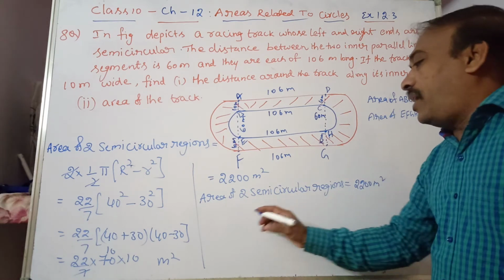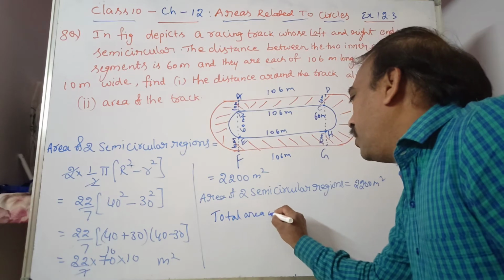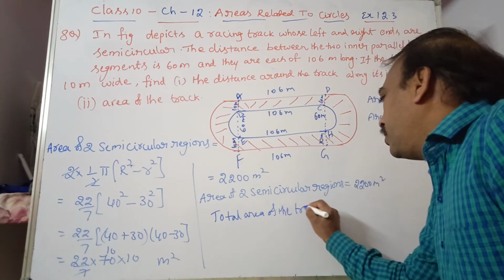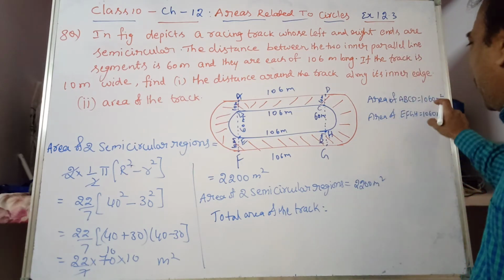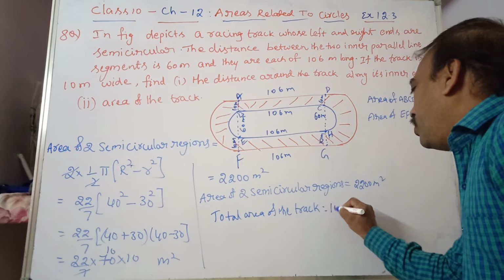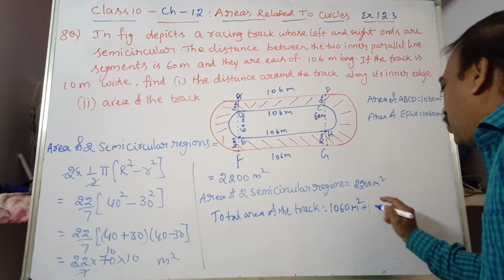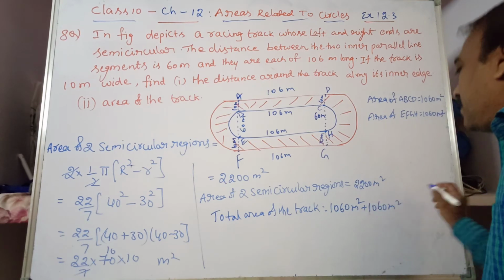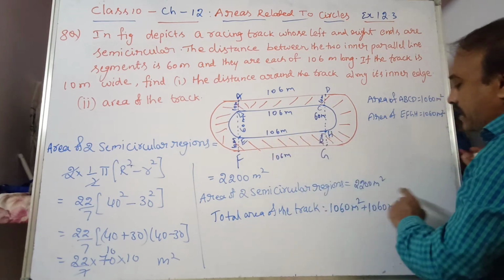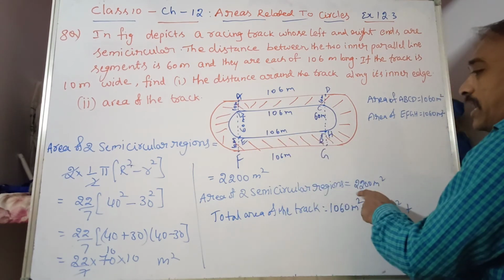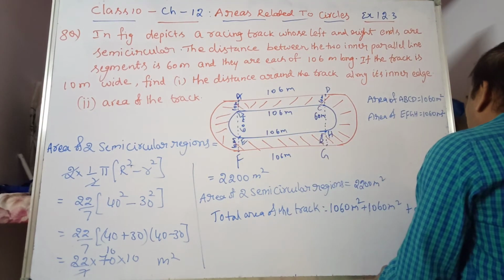So total area of the track is equal to area of ABCD, we got 1060 meter square, plus 1060 meter square, which is the area of EFGH, plus the area of the semicircular ends, that is 2200 meter square.